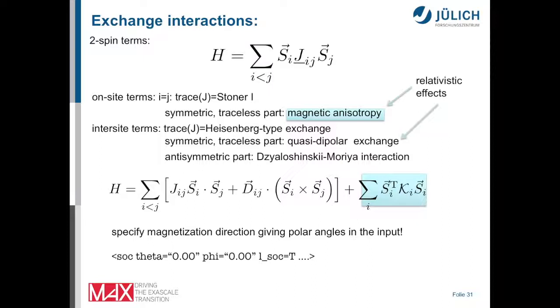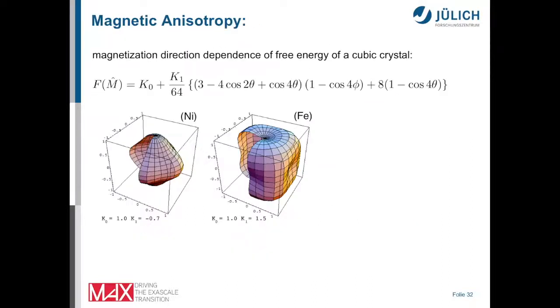And you calculate the total energy for a certain set of these angles, then for a different set of these angles, and you compare. Then you will find out that you get different total energies, and from this you can reconstruct this magnetic anisotropy here.